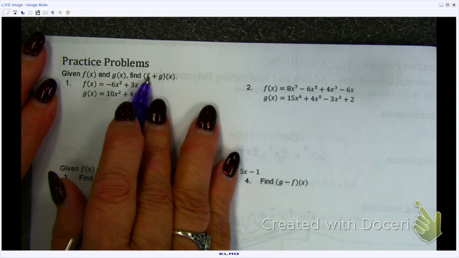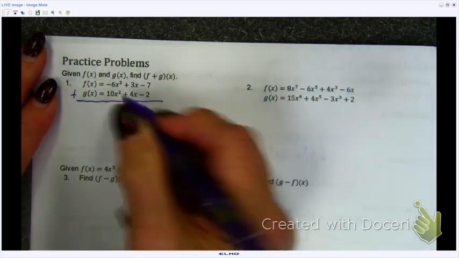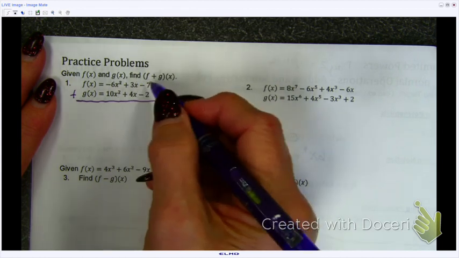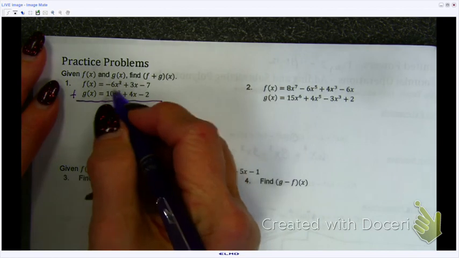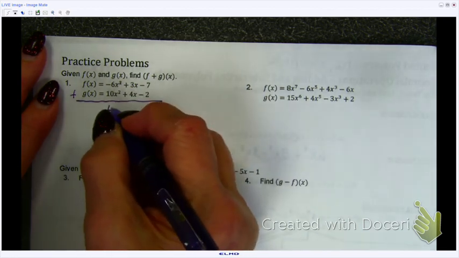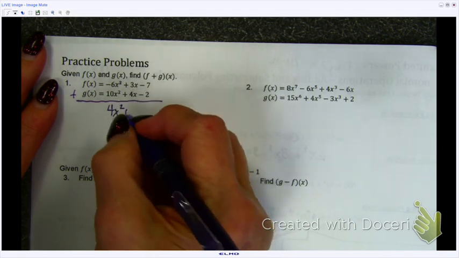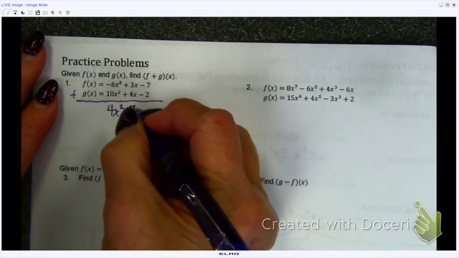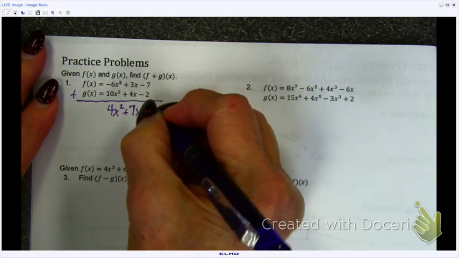They want us to add f plus g. The x squareds line up, the x's line up, and the constants line up. So negative 6x squared plus 10x squared is 4x squared. 3x plus 4x is 7x. Minus 7 plus minus 2 is minus 9.